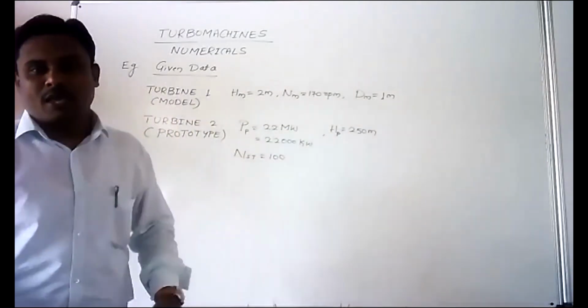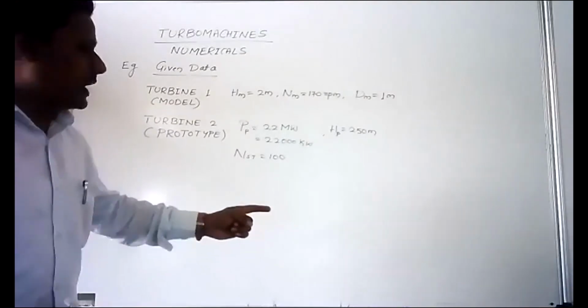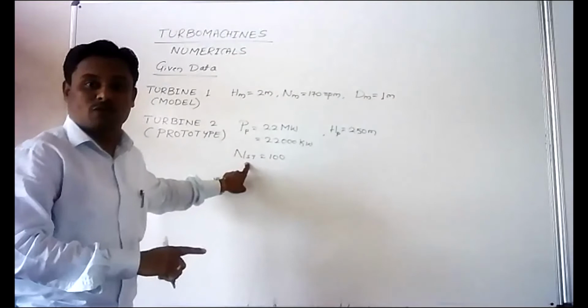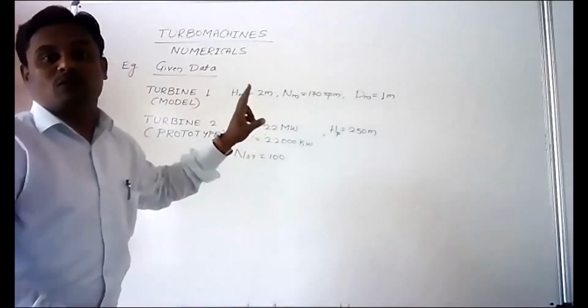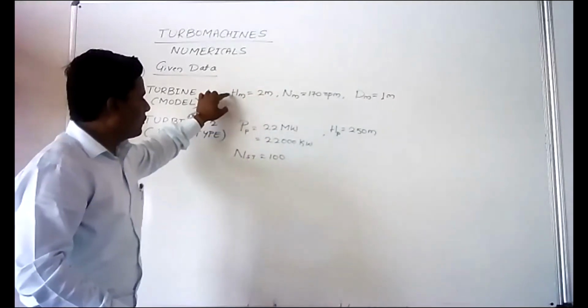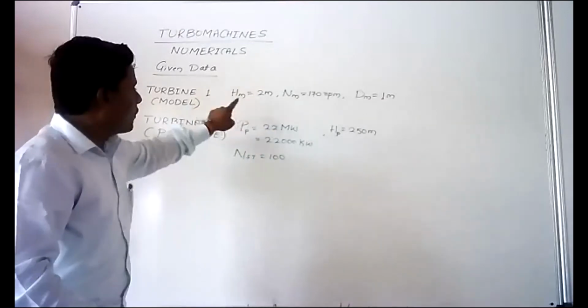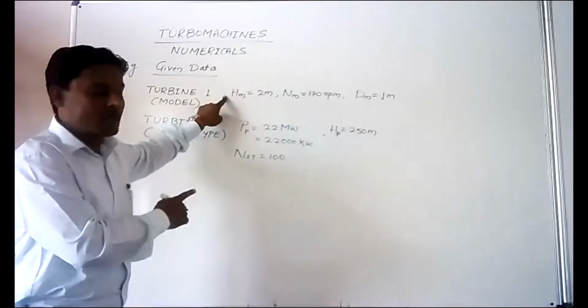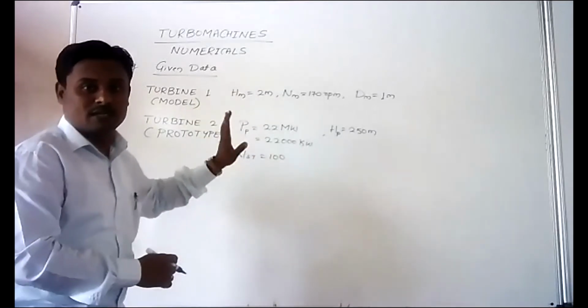Remember guys, if the model and prototype are geometrically similar, then the value of specific speed remains constant for both model as well as prototype. For the model the specific speed is 100, and for the prototype also the specific speed is 100. Is that clear, all of you?